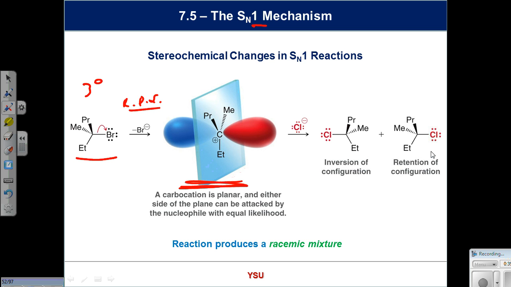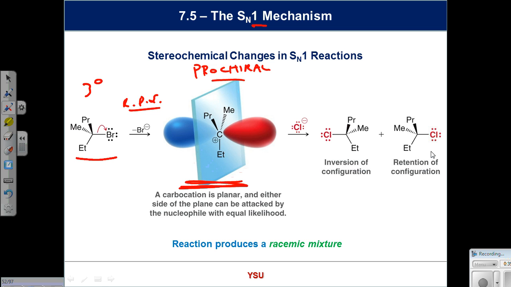And that carbocation has 3 different things attached. And it's flat. So I'm going to use this word for the first time, and you'll see it again and again. This is said to be prochiral. And all that simply means is it's flat and it can become chiral. If you bring a fourth different thing in, it can become chiral.